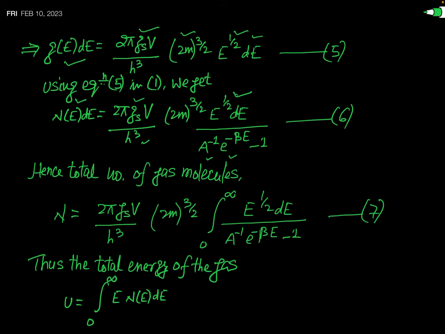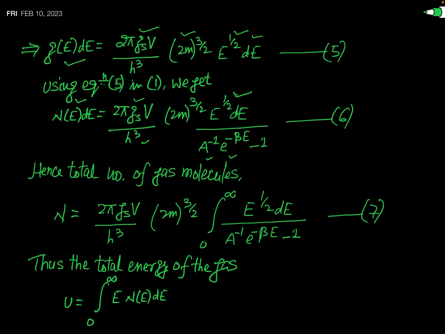This is the number of molecules of the ideal Bose gas having energy in the range E and E plus dE. Now, if you want to find the total number of molecules, you will simply integrate this result with respect to E.